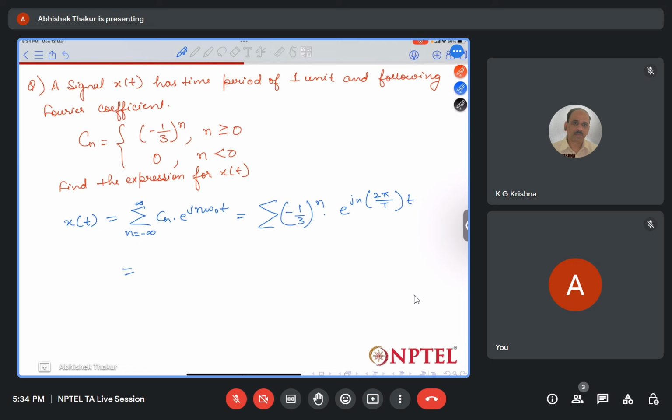So we get minus 1 by 3 to the power of n into e to the power of j n 2 pi t, and n is from 0 to infinity, because for n less than 0, C_n is equal to 0. So the summation will be from 0 to infinity only.